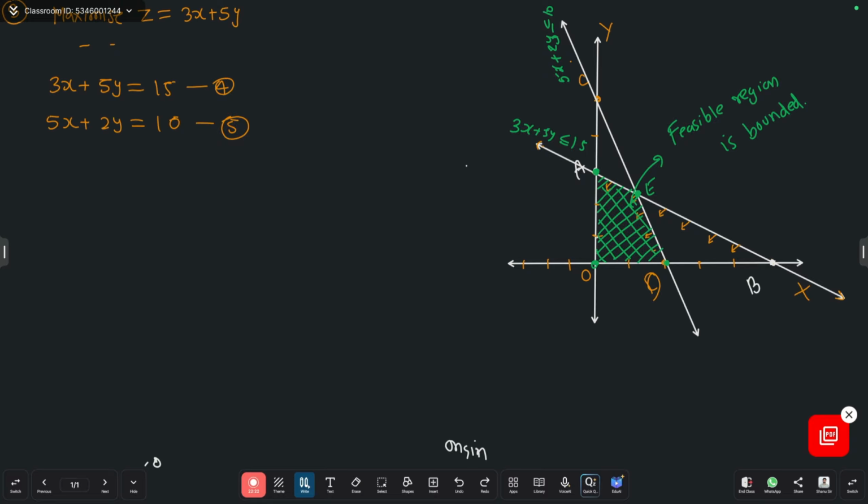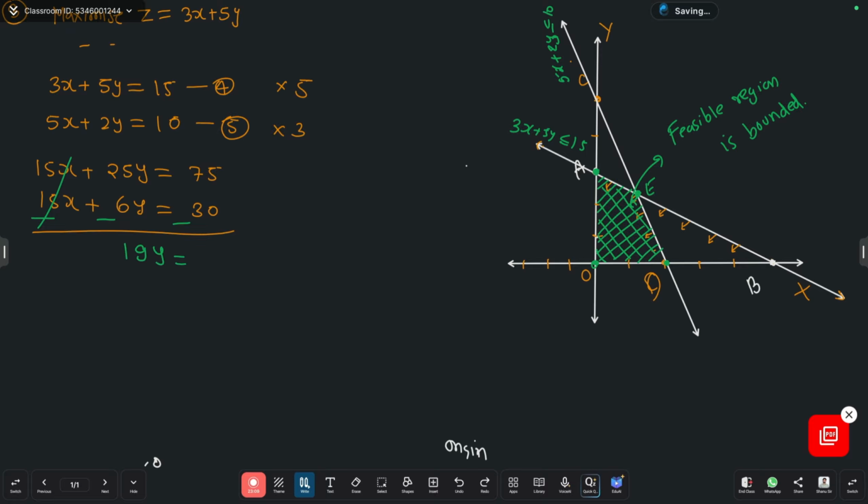Multiply the first by 5 and the second by 3, so 15x plus 25y equals 50 and 15x plus 6y equals 45. Minus and minus cancel.